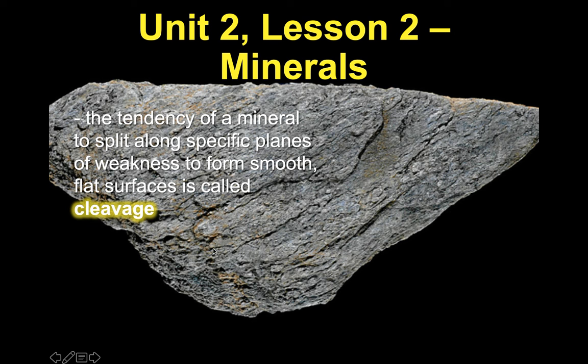These next ones are ones you're probably less familiar with. When a mineral splits where it's weakest, a mineral is going to have weak parts in it, if it splits there and it's really smooth and flat where it splits, that is called cleavage.